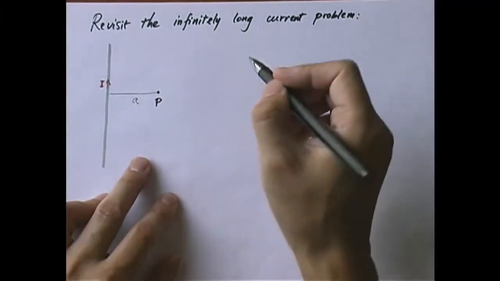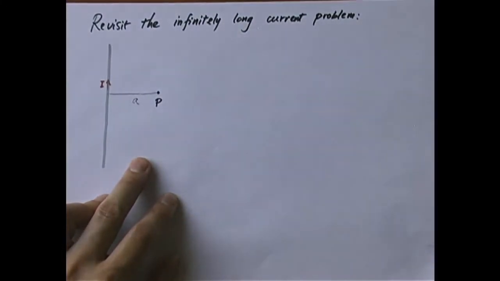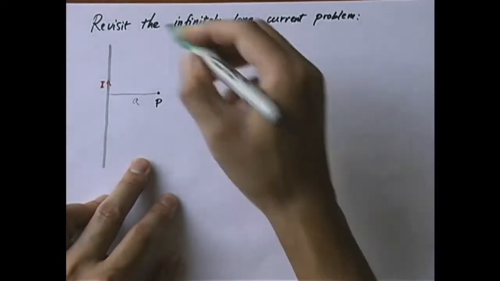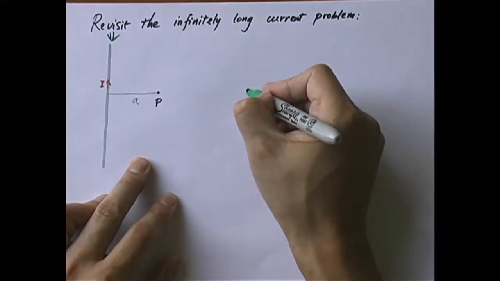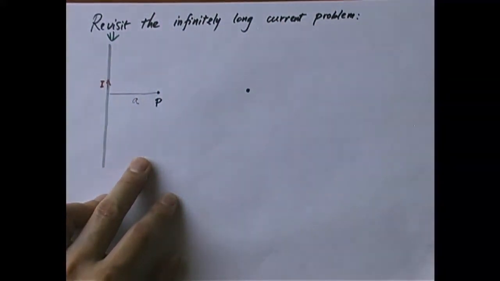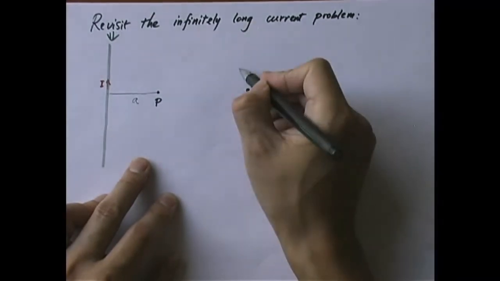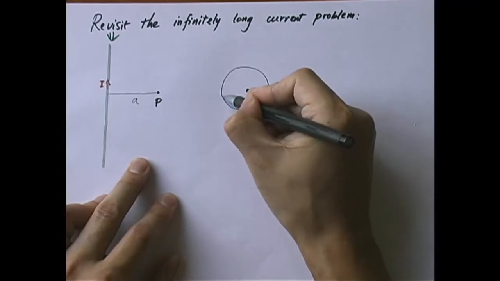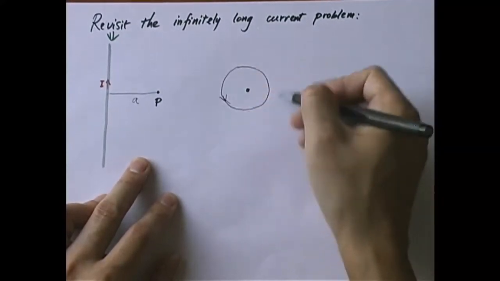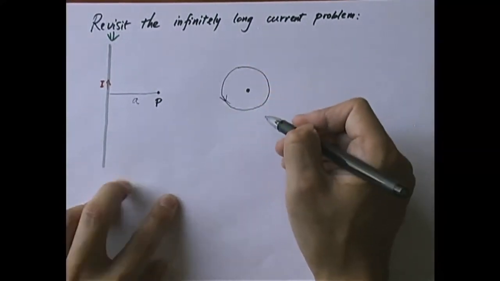If I were to take a top view, imagine I look at it this way, then the current would just be a dot coming out of the paper, and surrounding it would be magnetic field lines like this, and they point this way. They turn counterclockwise like this.